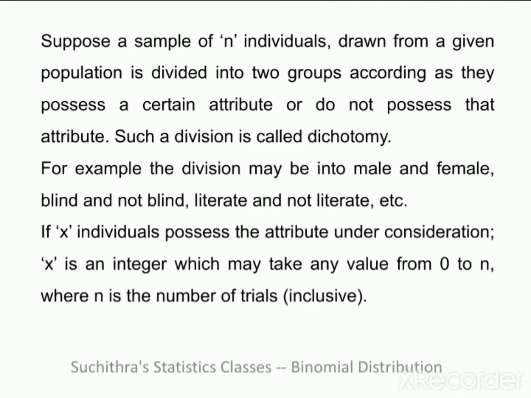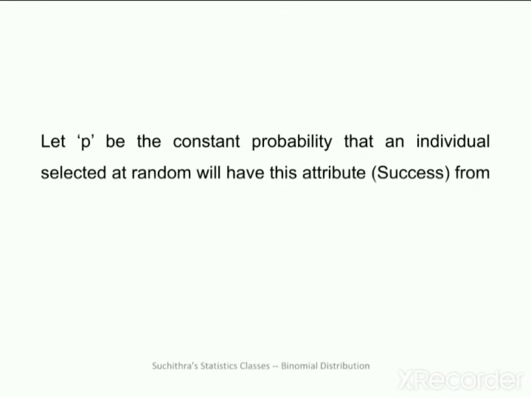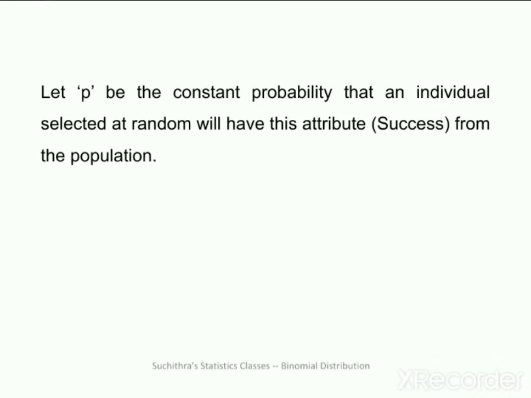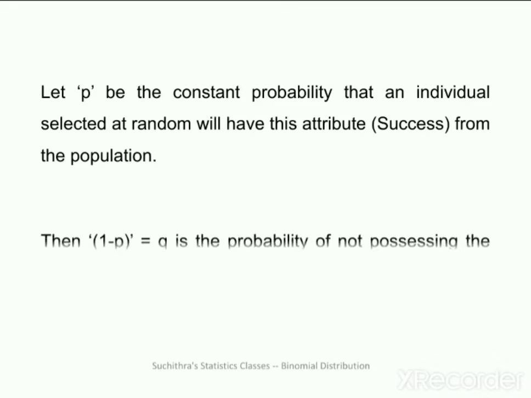If X individuals possess the attribute under consideration, X is an integer which may take any value from 0 to n, where n is the number of trials. Let P be the constant probability that an individual selected at random will have this attribute, say success, from the population.